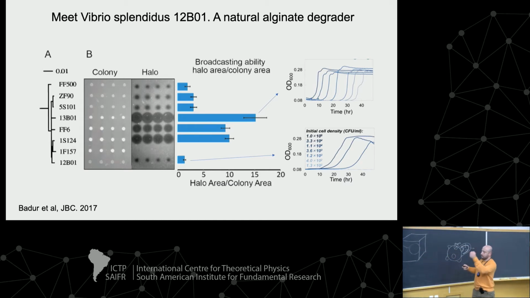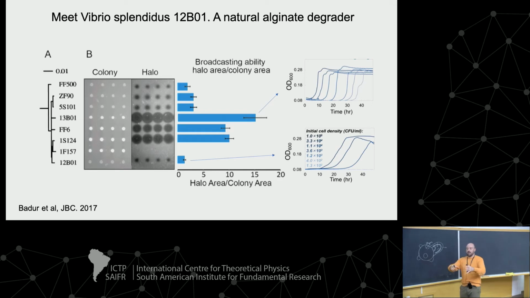They just put a colony on a plate, and they measure the halo that is created. So the alginate is stained, and it's in this plate. And when the colony degrades it, then you see a halo around. And they just measure the size of the halo. But anyway, qualitatively it tells you, for example, that this guy here, 13BO1, degrades quite fast. It produces a lot of enzymes. Whereas this guy here, 12BO1, is not very good at degrading.